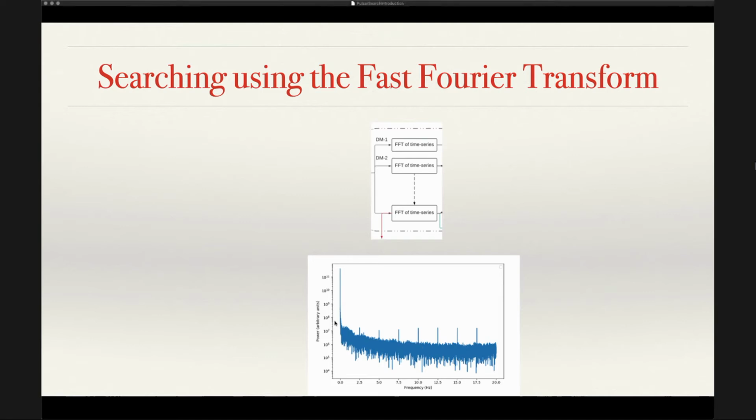You'll notice, though, that there is some curvature here, which goes up in power level as we go to shorter and shorter values for the frequency, which corresponds to longer and longer periods. And this comes about because our system is not stable. On long time scales, our baseline might wiggle for whatever reason. It might be due to radio frequency interference that we didn't remove.